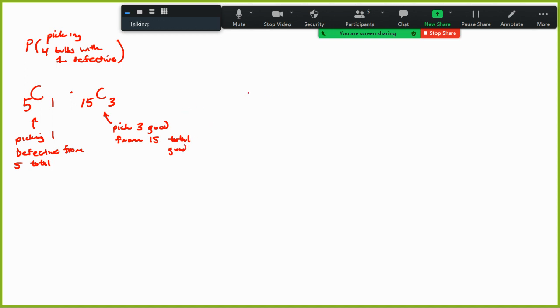There we go. So I'll do this to the right. The first combination is 5 choose 1. So that's 5 factorial over 5 minus 1, 4 factorial, times 1 factorial.